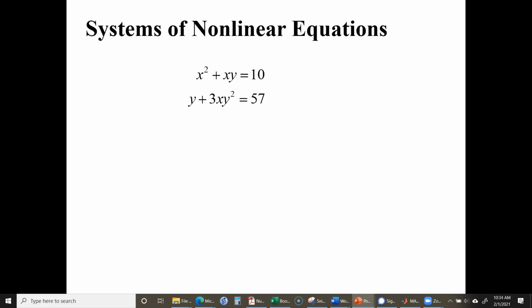These two equations are non-linear because you can see that x square and the powers of x and y are being multiplied with each other. These equations are in terms of two variables. Okay, two equations in two variables.